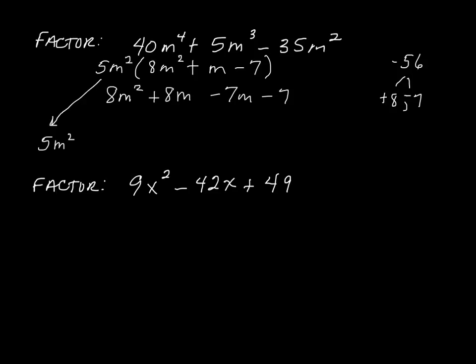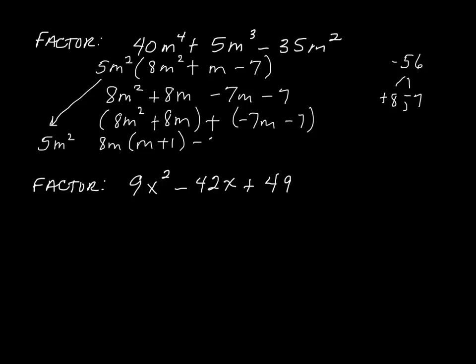And I'm going to group them. 8m squared plus 8m plus negative 7m minus 7. Factor out 8m. And we get m plus 1.